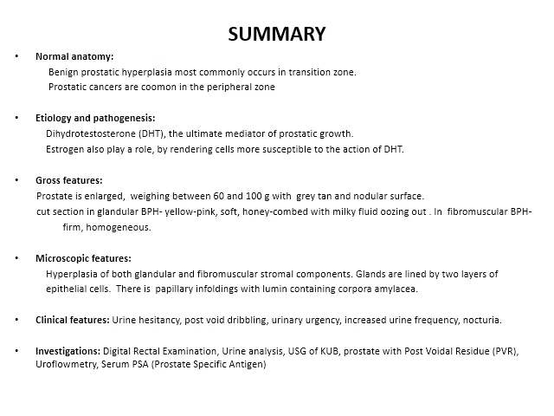Clinical features, there will be obstructive symptoms like urinary hesitancy, post-void dribbling, urinary urgency, increased urine frequency, nocturia, hematuria and burning micturition. And in investigations, we saw that even digital rectal examination is very useful. Then we have urine analysis, ultrasound of the kidney, ureter, bladder with prostate, uroflowmetry, and also serum PSA can be done in the investigations for BPH.